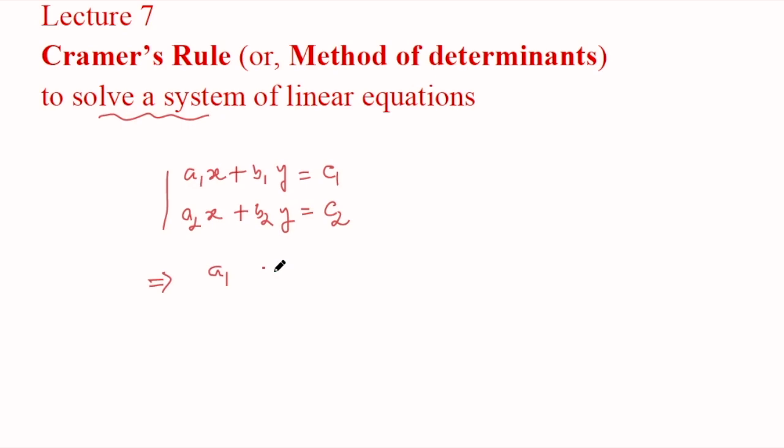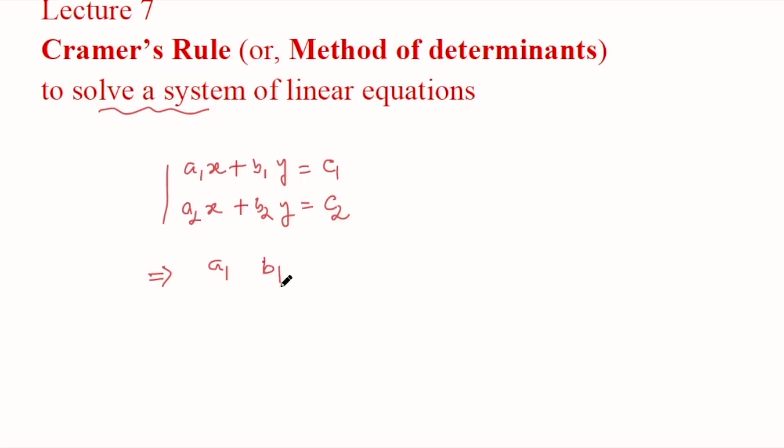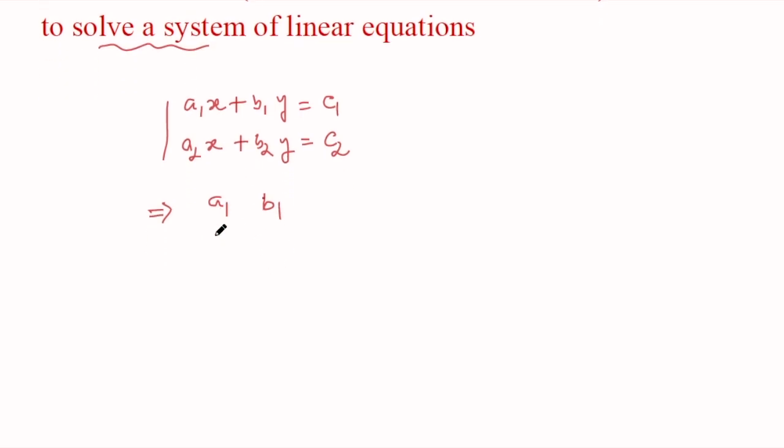To do that, first you need to know some basics about matrix, because in order to solve this system, first you need to know what is a coefficient matrix. So the coefficients of x and y we can write in matrix form.